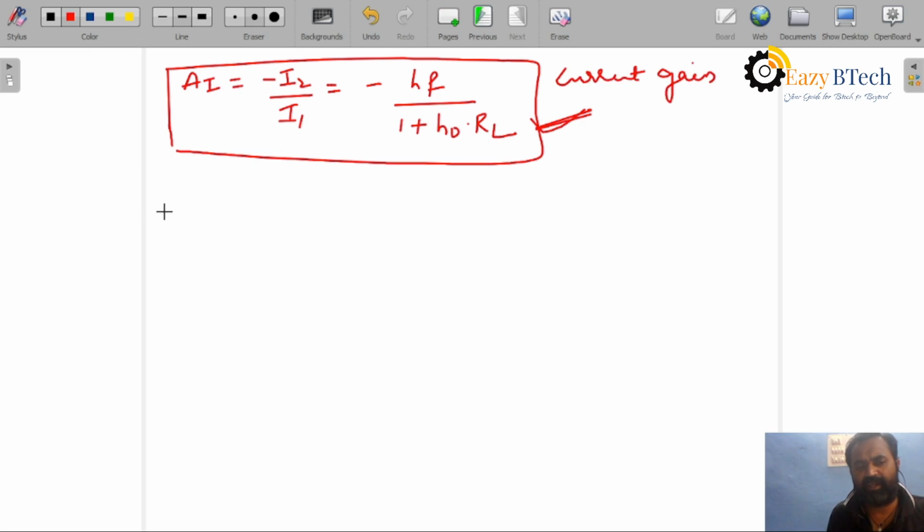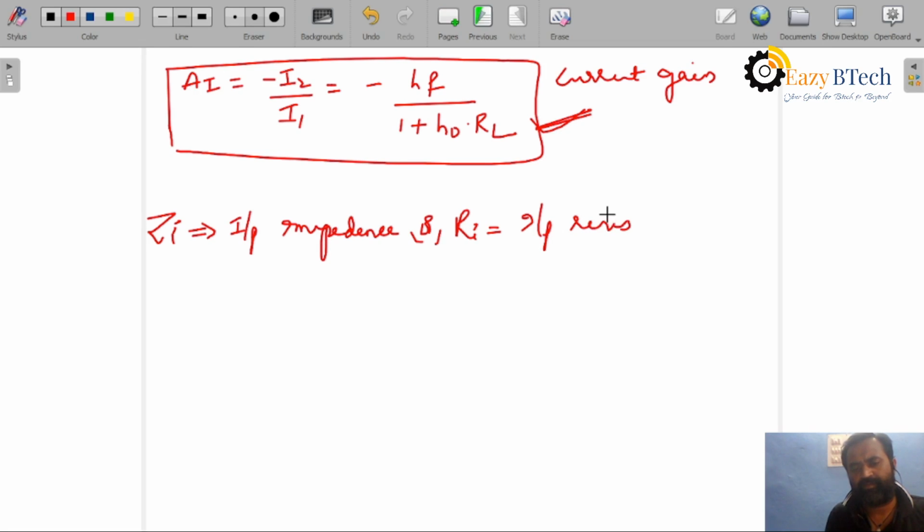Similarly, let us find the input impedance Zi, also called the input resistance Ri. Zi = V1 by I1.